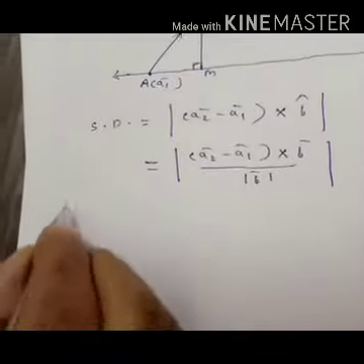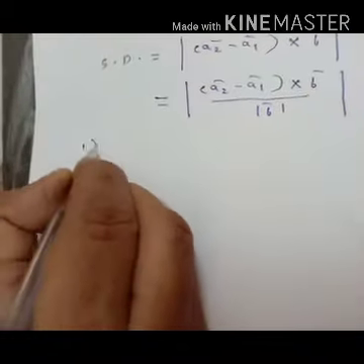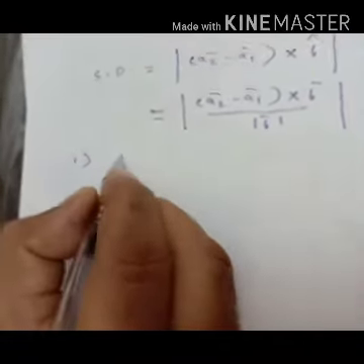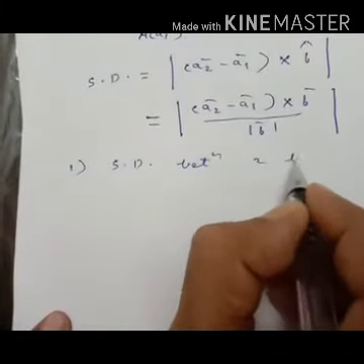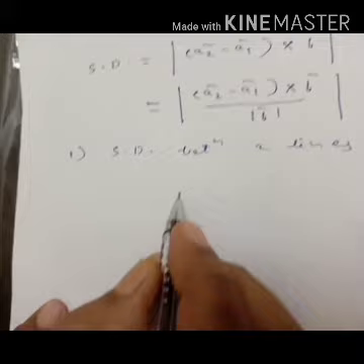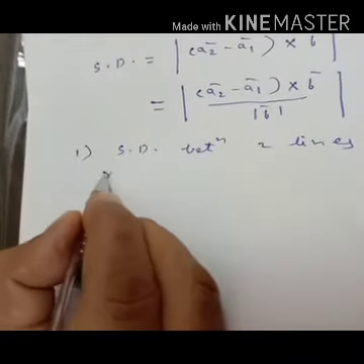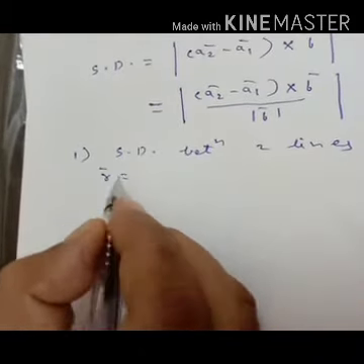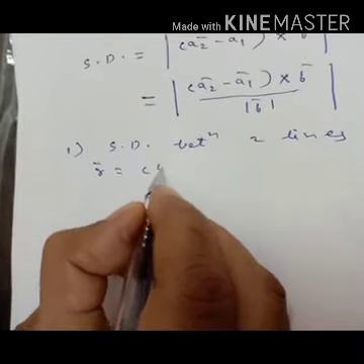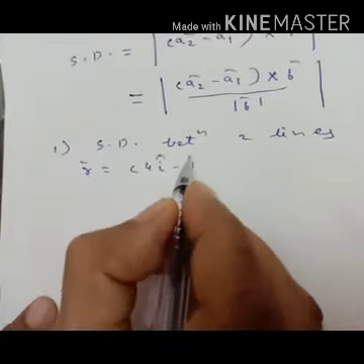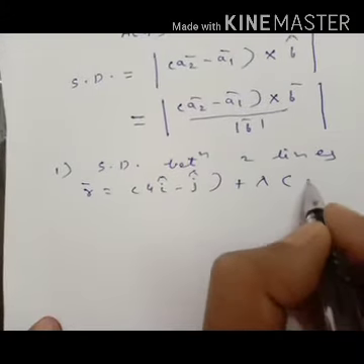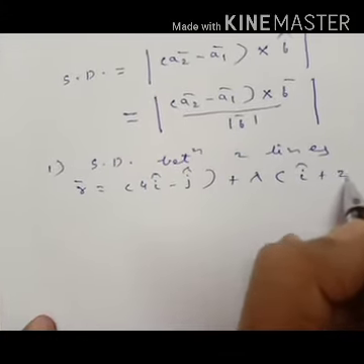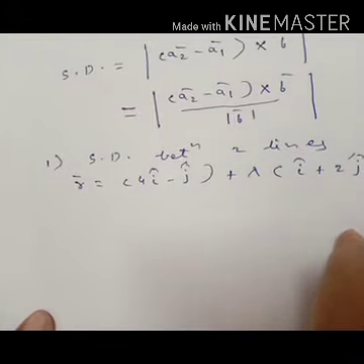Now let us consider an example. Find the shortest distance between two lines. Equations of the lines are given. R bar equal to 4i minus j plus lambda into bracket i plus 2j minus 3k.